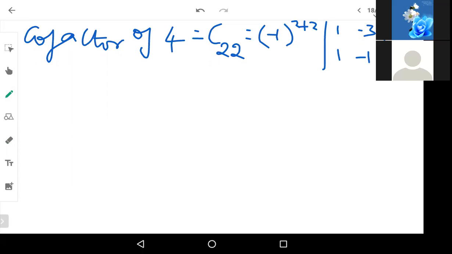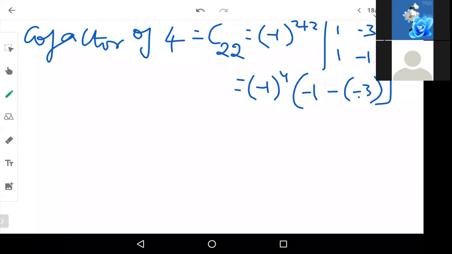So for 4, what is the answer you got? 2. Correct. Pawan, that is the right answer. Continue. Minus 1 to the power 4 into minus 1 minus of minus 3. So 1 into minus 1 plus 3 is going to give me 2.